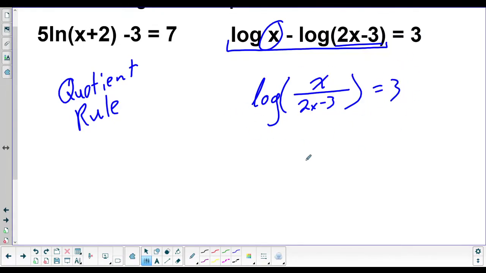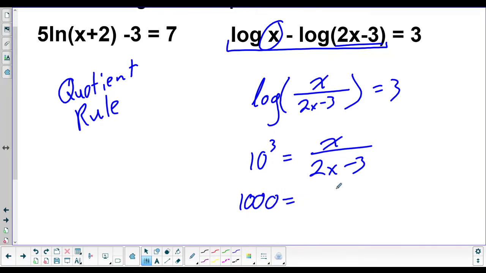Now we can rewrite this in exponential form. So our base is 10. We have 10 to the third power equals x over 2x minus 3. Okay, let's simplify this. 10 to the third power, that's 1,000, equals x over 2x minus 3.